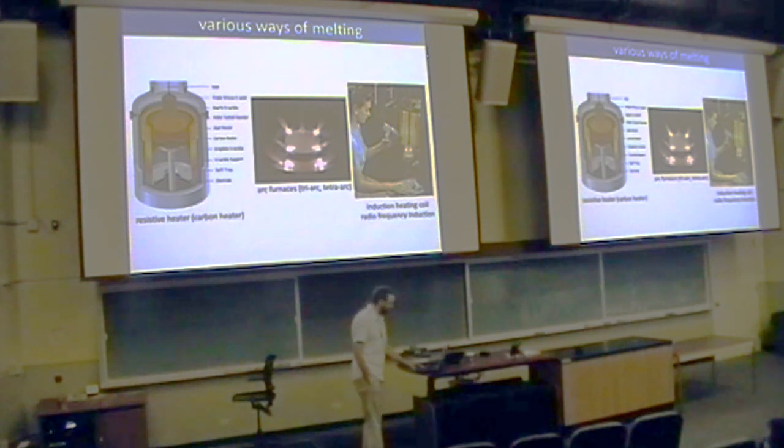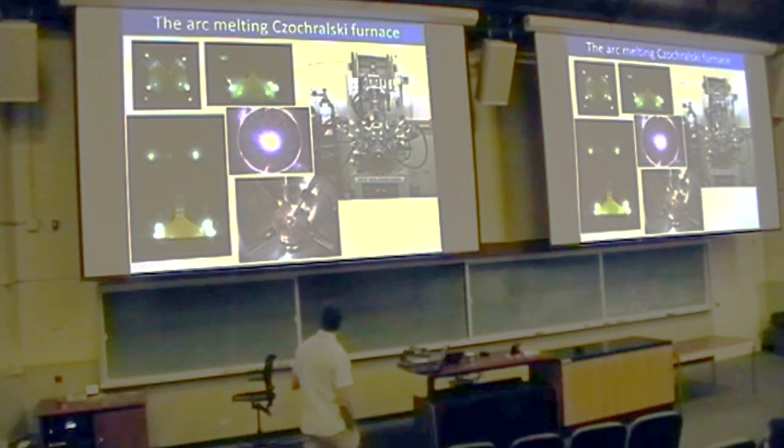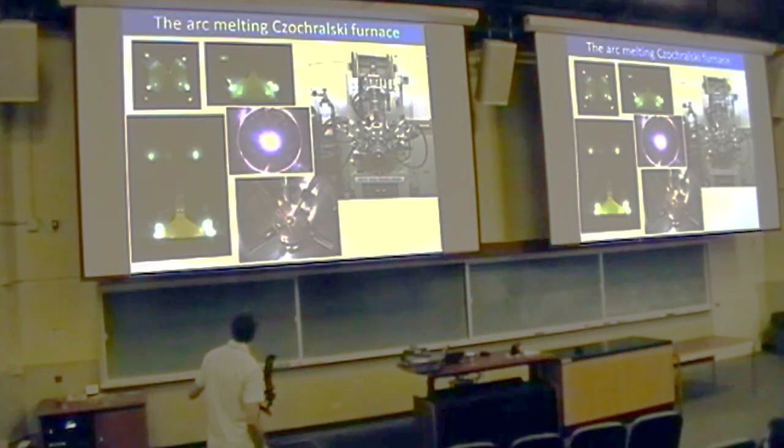So this is an example of what an arc furnace for a Czochralski pulling looks like. You have a crucible here and some material that you're going to put on the crucible, and you have 4 arcs here on the side.